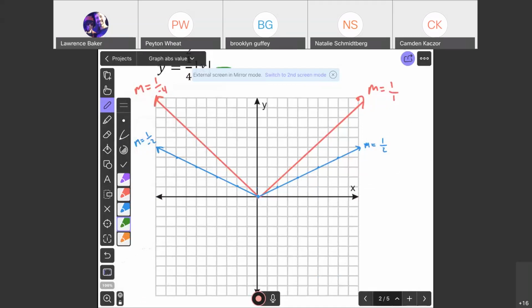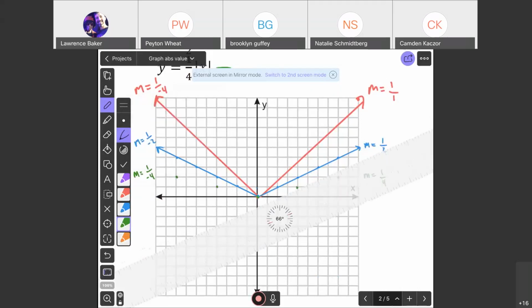So we go to the vertex and go up 1, right 4. Up 1, right 4. So this right side would have a slope of 1/4. Go back to the vertex, up 1, left 4. Up 1, left 4. So the left side has a slope of 1 over -4.